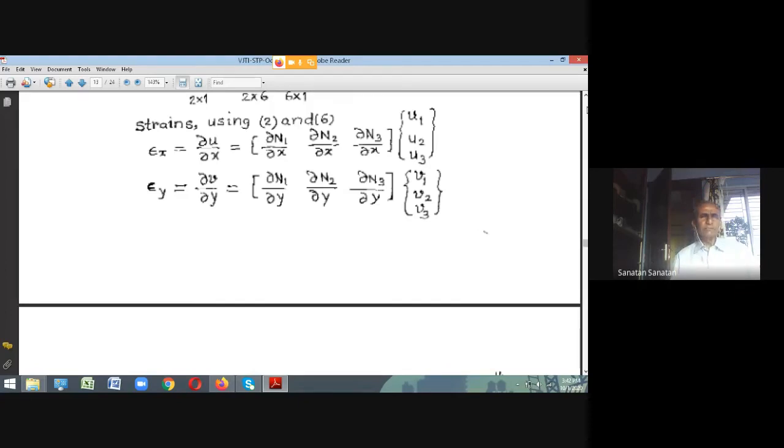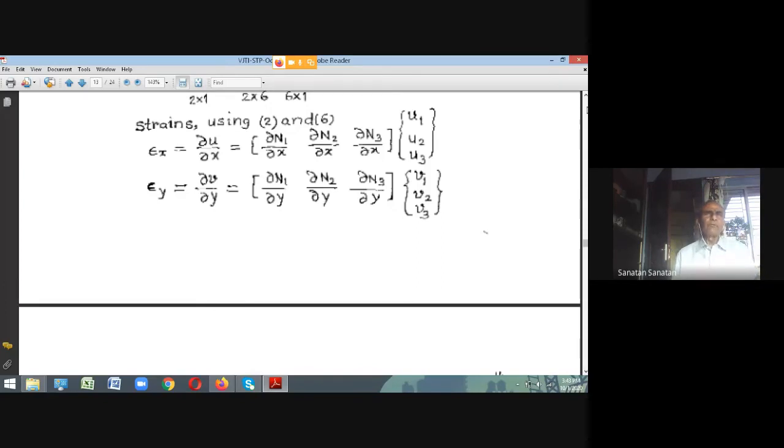Each of the tiles will look like a plane tile, and therefore its equation will be simple in form: u equals alpha 1 plus alpha 2 x plus alpha 3 y.